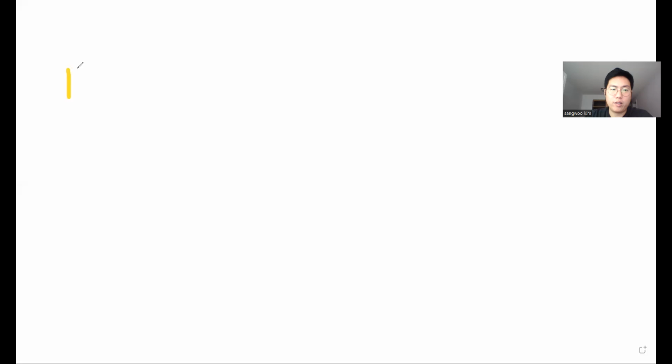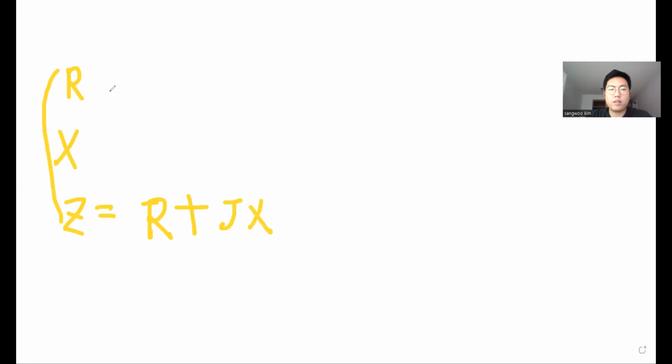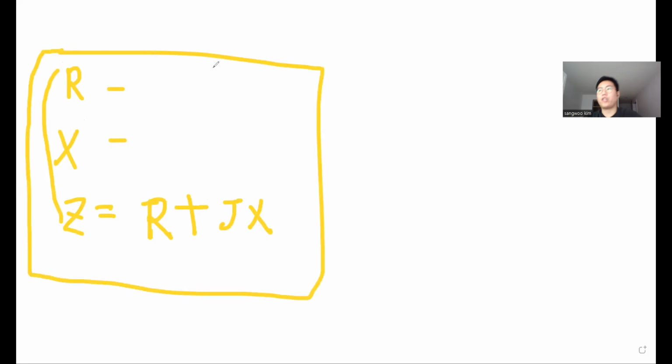So guys, look at that. We learned about resistor, reactance, and impedance. What is the common part? The common part of the three of them is that they prevent or interrupt the current flowing, right?